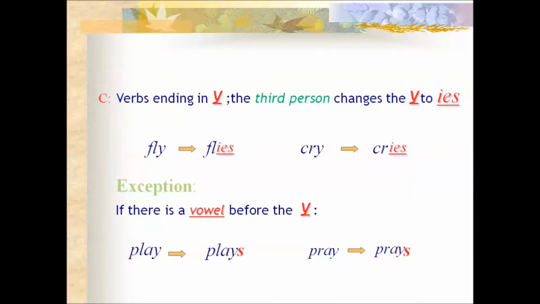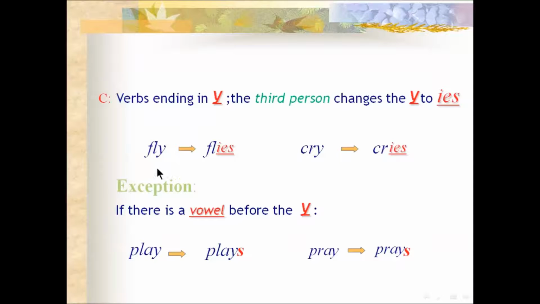And for verbs ending in y, you have to think about y. The y here can be changed to ies only if there is a consonant plus y. For example, fly, ending in l plus y, consonant plus y.